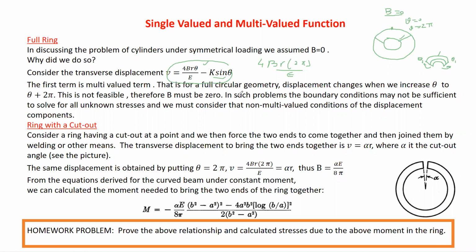And to better understand that value of B, let us consider, as shown in the bottom, a ring which has a cutout at a point. You have a full ring, and perhaps you cut it with a saw, and you have a small gap in between. Now let us bring the two ends together and weld them together.